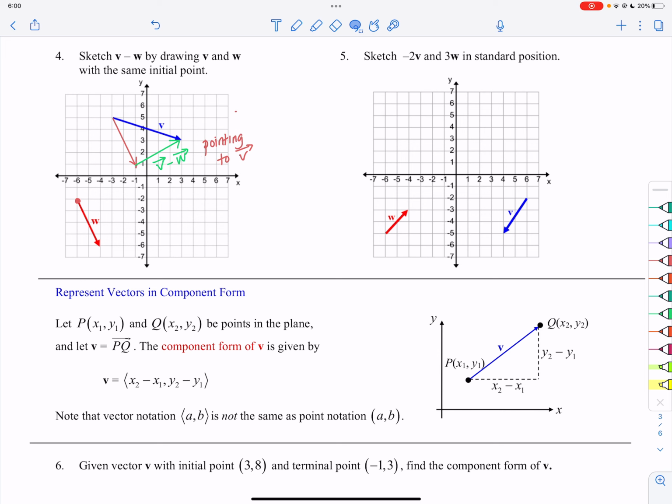Let's look at number 5. We're going to sketch negative 2v and 3w in standard position. So meaning we're going to the origin with each one of these, and then we will multiply vector v by the scalar negative 2, and w by the scalar 3. So let's see what we have. Let's start with w. So if we have w, we want to multiply it by 3.